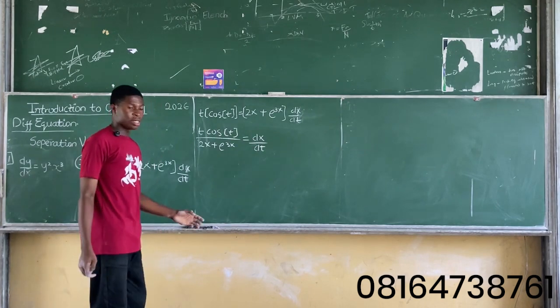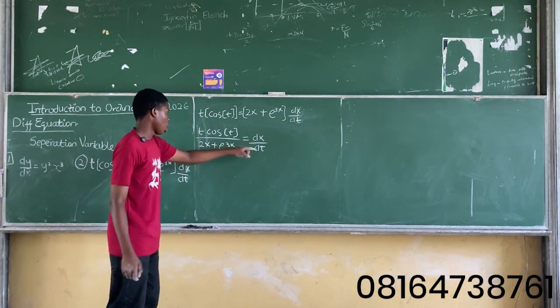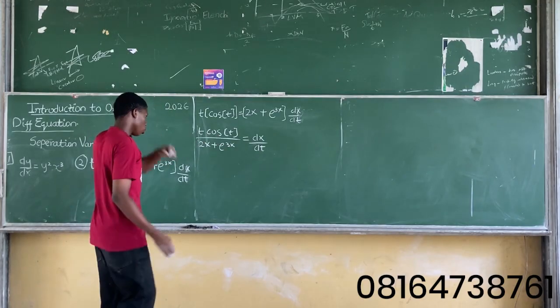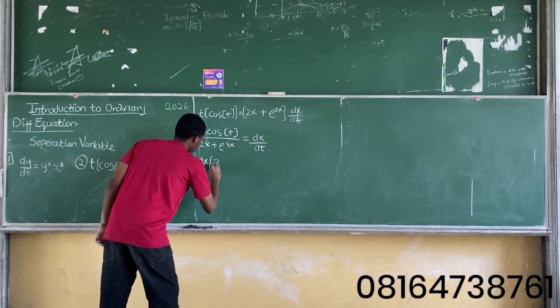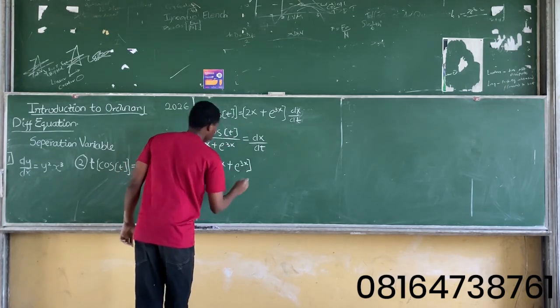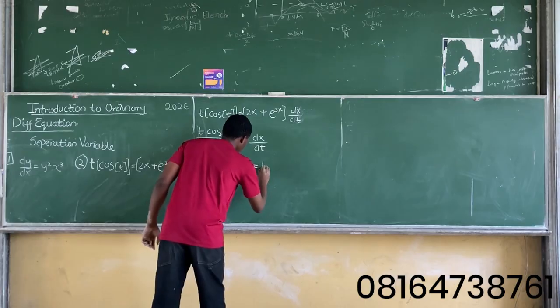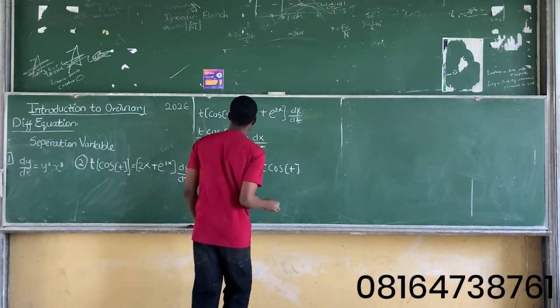Now we are going to see this function as an operator and cross multiply. So this is dx multiplying 2x plus e raised to the power 3x, multiplied by t cos t dt.